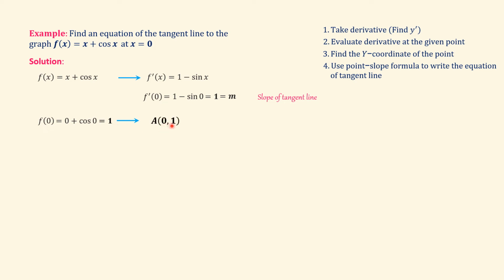is 0, 1. Now that we have the slope of the tangent line and the x and y coordinate of the point, easily we can use point slope formula to write the equation of tangent line.